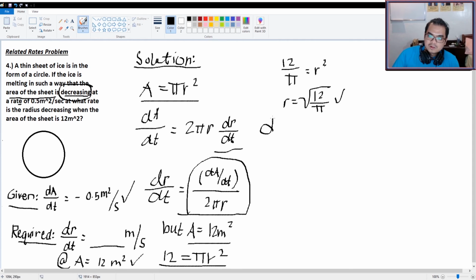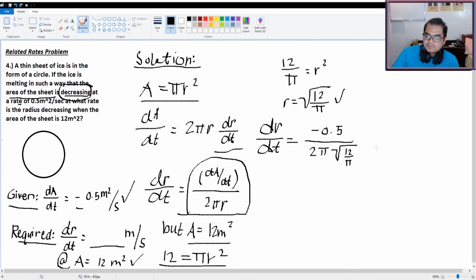Substituting that, dr over dt is now equal to negative dA over dt. Remember that is negative, so that is negative 0.5 all over 2 pi square root of 12 over pi.